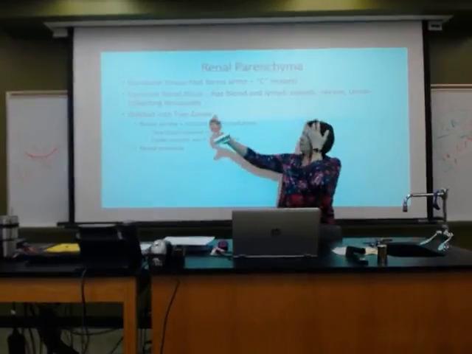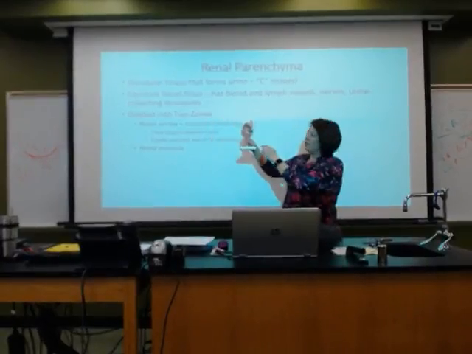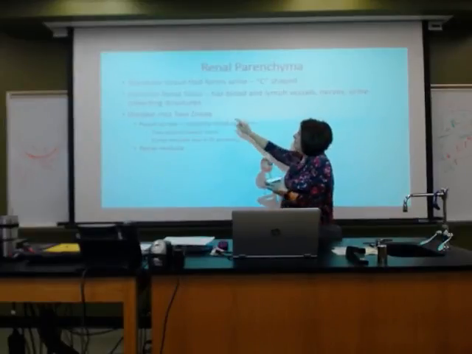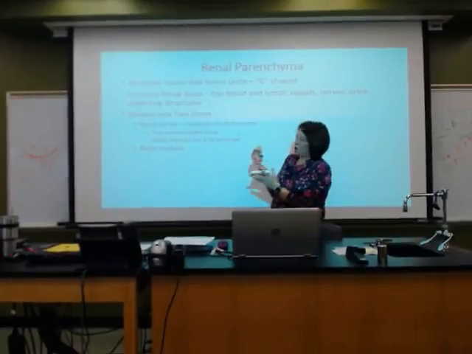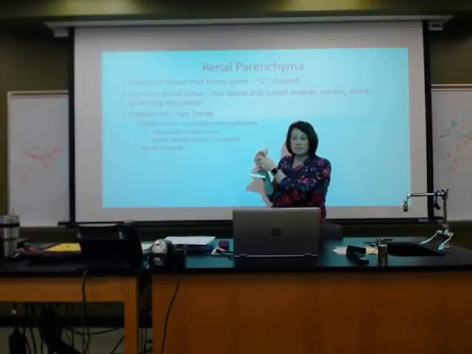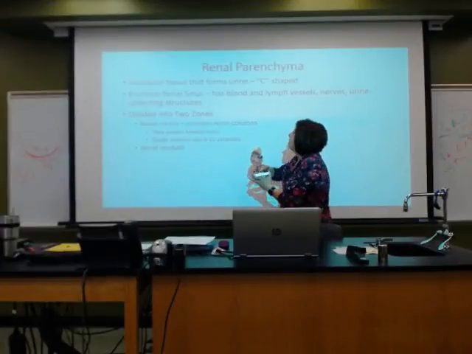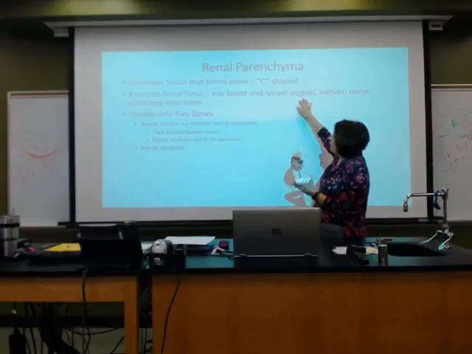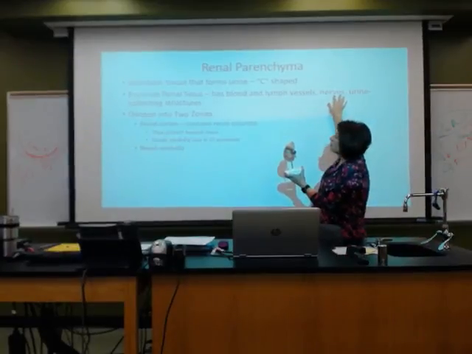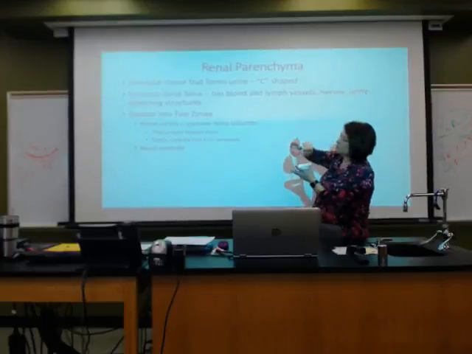Okay, if we open this up and look at this C shape that exists, there's an area called the renal sinus. Remember the definition of sinus? This is where we've got our blood supply, lymph vessels, nerves, ureters.